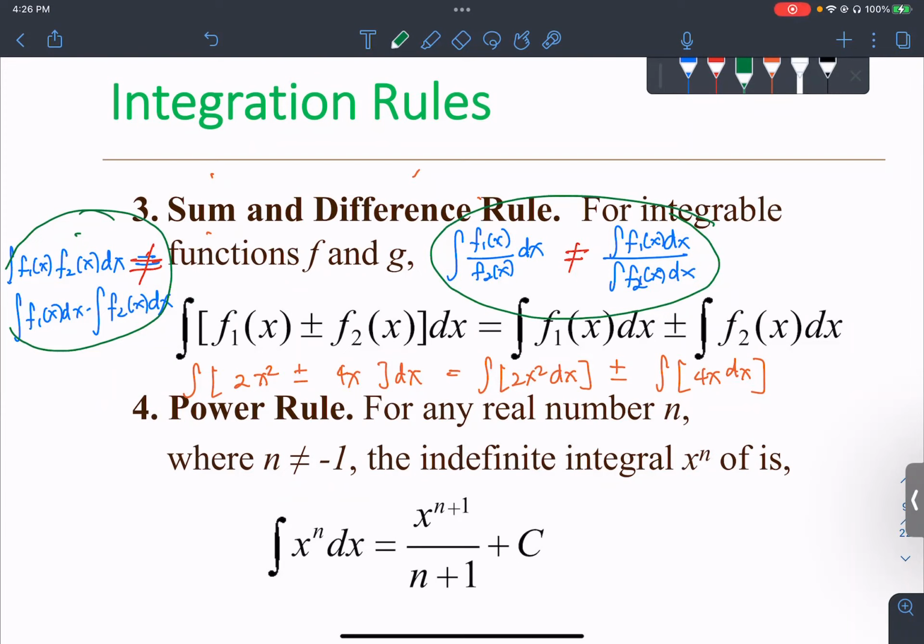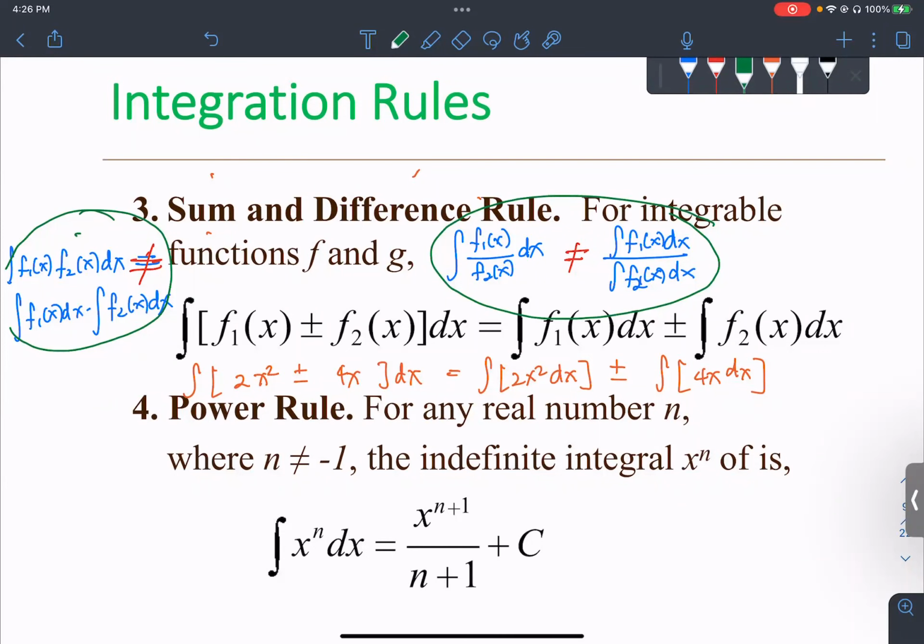Kung quotient naman yan, try mo silang i-divide, and it will be transformed into sum and difference. So if there is a product or quotient, we perform the operation first.